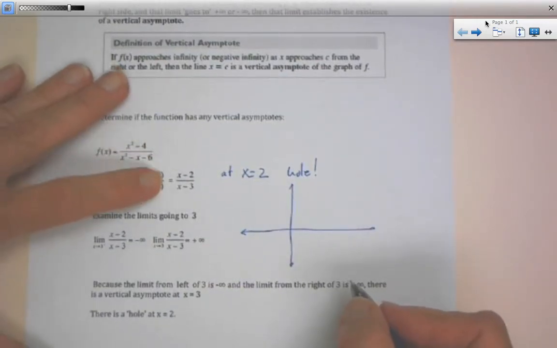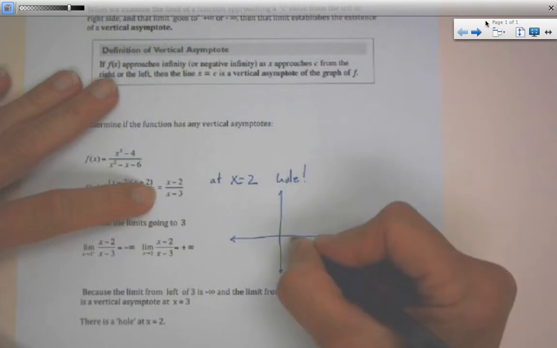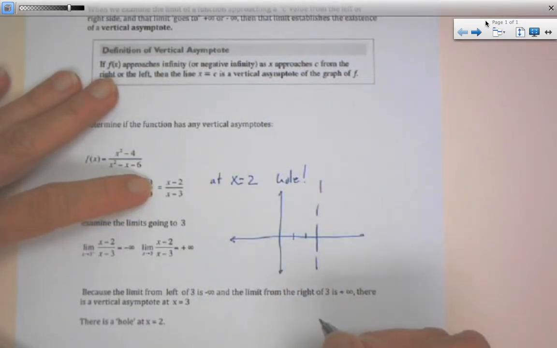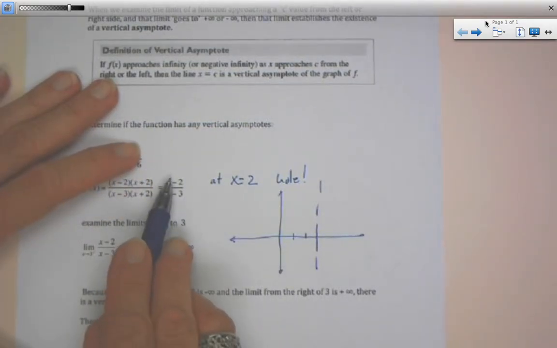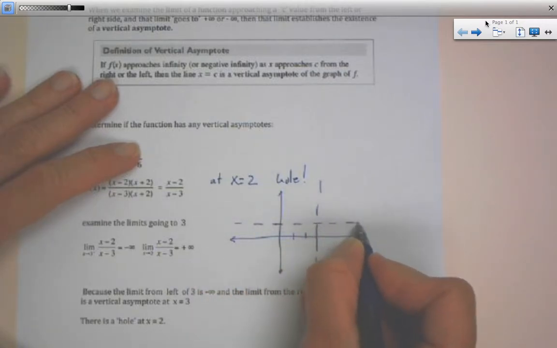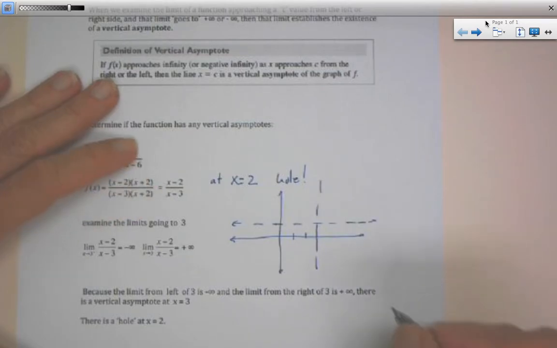And this particular graph, if you remember from pre-calculus, I know I have a vertical asymptote at positive 3. I have a horizontal asymptote at y equals 1 because the degrees are the same in numerator and denominator. I have a y-intercept at positive 2/3.